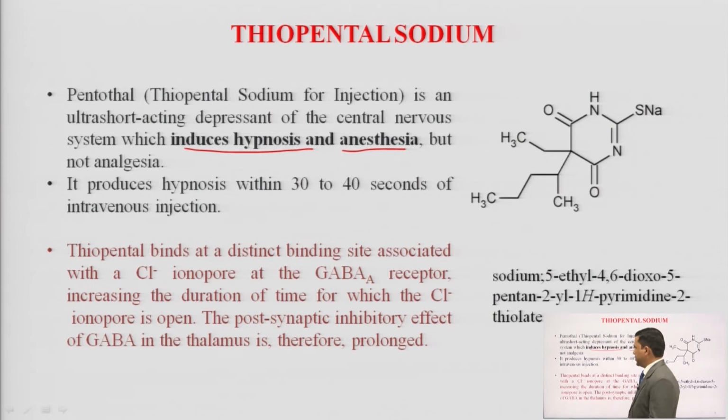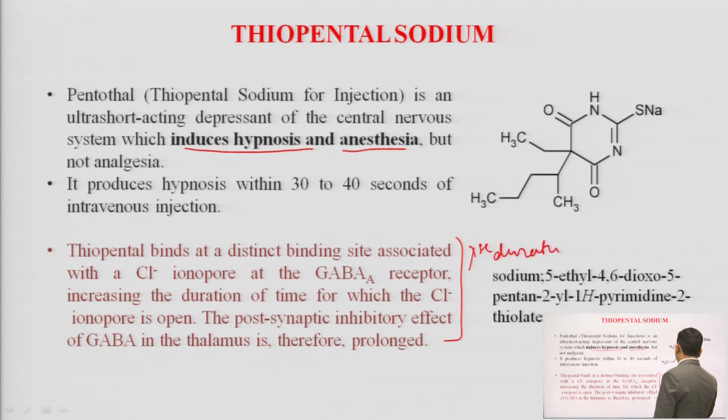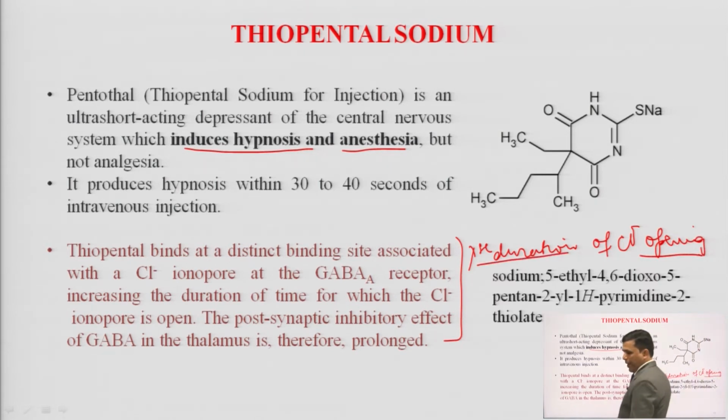In its mechanism of action, it binds with the associated chloride ion channel at the GABA receptor, increasing the duration of time for which the chloride ionophore is open. So, basically, it will increase the duration of chloride ion channel opening, and the concentration of chloride ion increases.